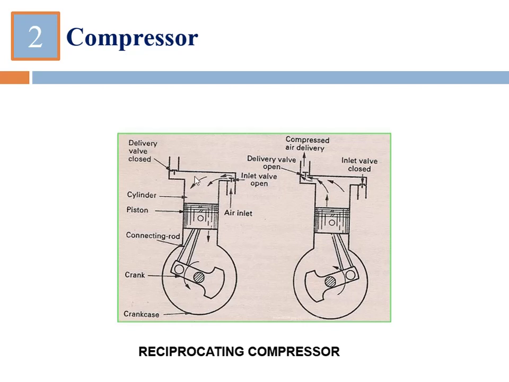When the piston moves from this top dead center to the bottom dead center, during this travel, what we have within this cylinder is the residual air, meaning remaining air of the previous moment.